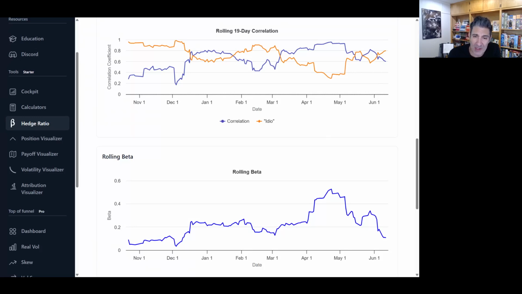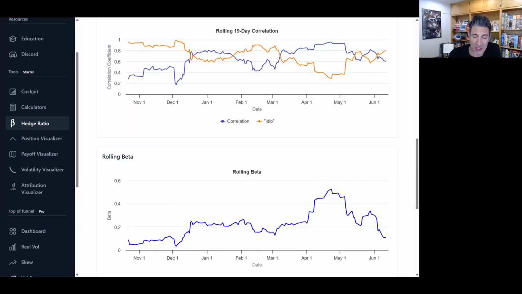But correlation on its own is not very helpful, right? Because if the correlation is 0.9, what that means is if my reference asset is up 1 standard deviation, I expect the hedge asset to be up 0.9 of its own standard deviation, which is not a very useful or intuitive way of looking at things.